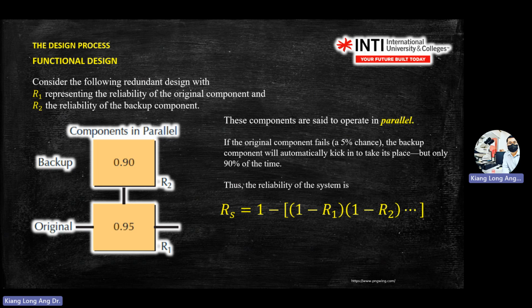If you use a backup system or parallel system mounted on top of the original parts, you use this equation: the reliability of the system using parallel is 1, meaning 100%, minus bracket 1 minus the original one, R1, bracket, 1 minus the second component, bracket, and then continue to multiply until the last component.